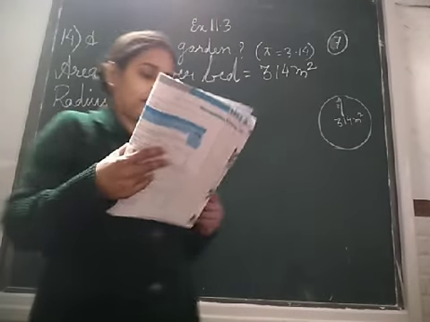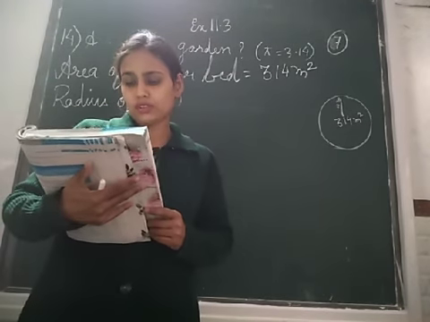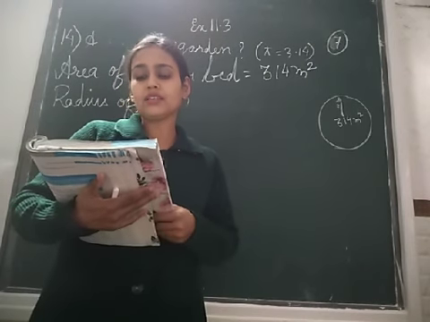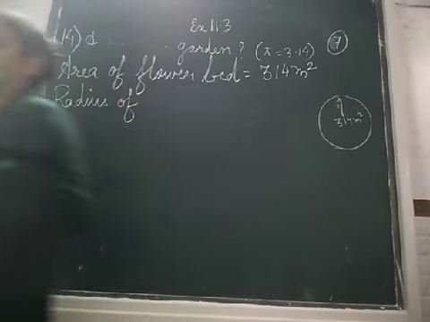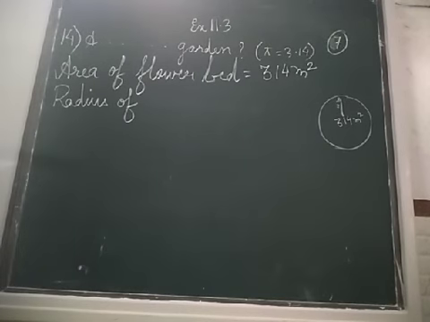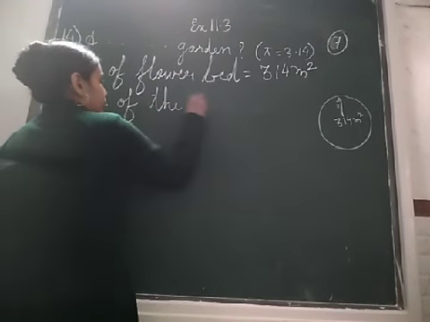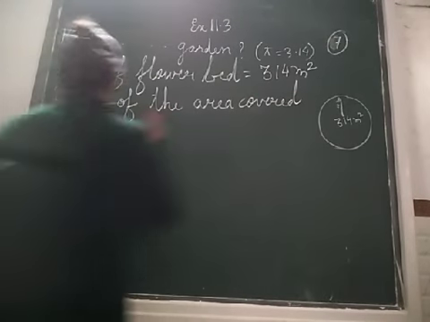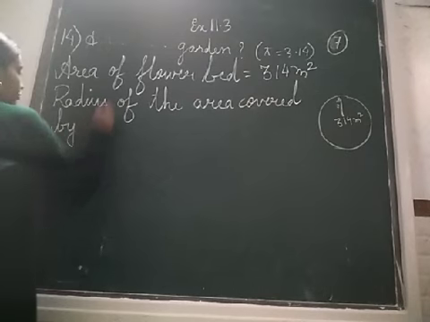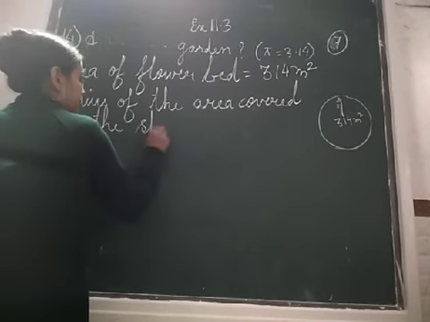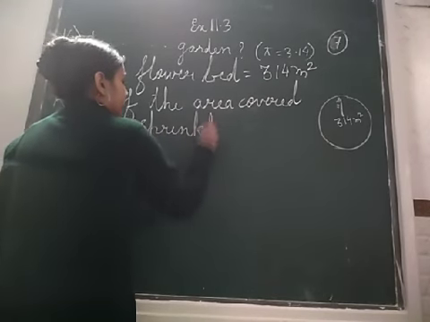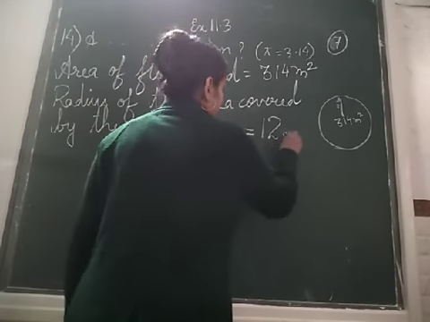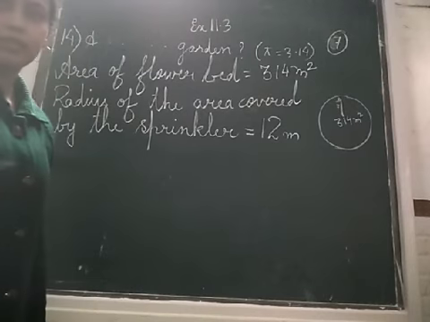We will take the same part. Radius of the area covered by the sprinkler, that is 12 meters.